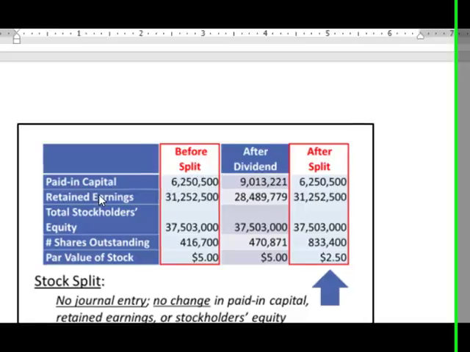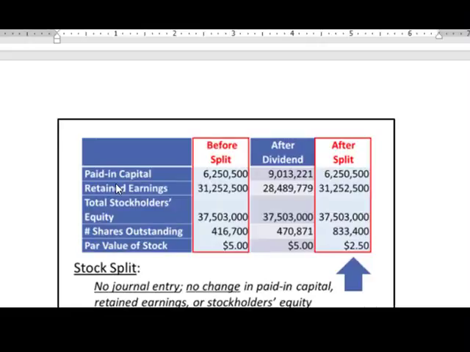What will change, however, is the number of shares outstanding as well as the par value of stock. So here's how many shares of stock there were before the split. And since it was a 2-for-1 split, it means for every 1 share of stock before the split, there are now 2 shares of stock.